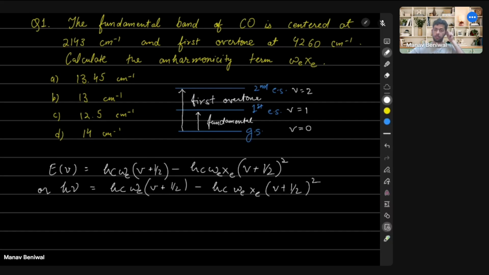This is our equation of energy, that is h nu is hc omega e (v plus half), where v is the vibrational quantum number.